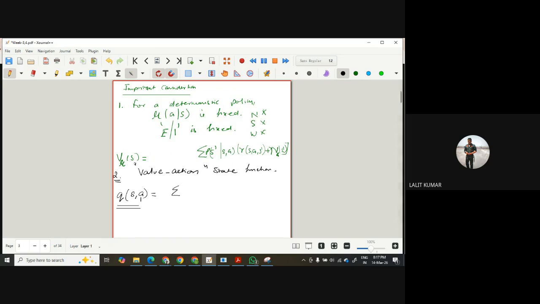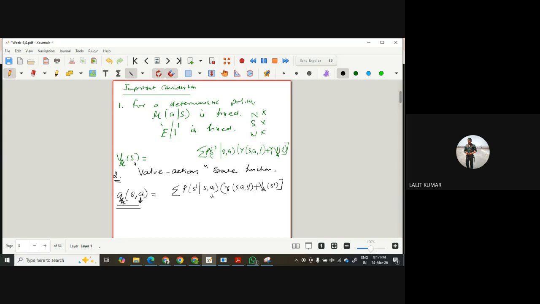This is Q pi. The first action which I'm taking is not as per the policy. After the first action, getting reward R S A S prime, I will follow V pi of S prime.